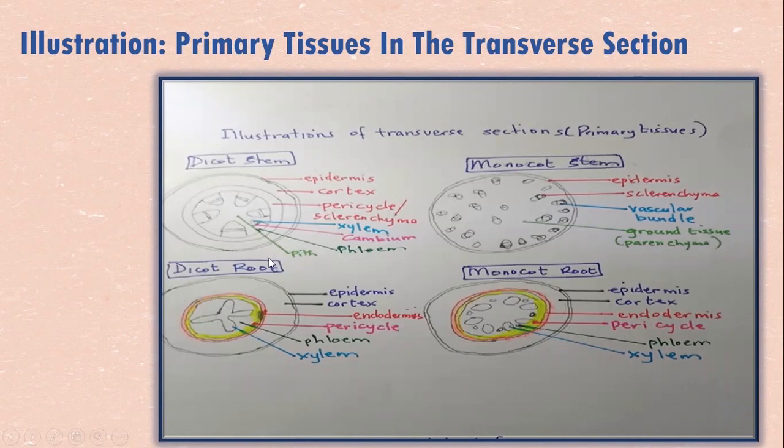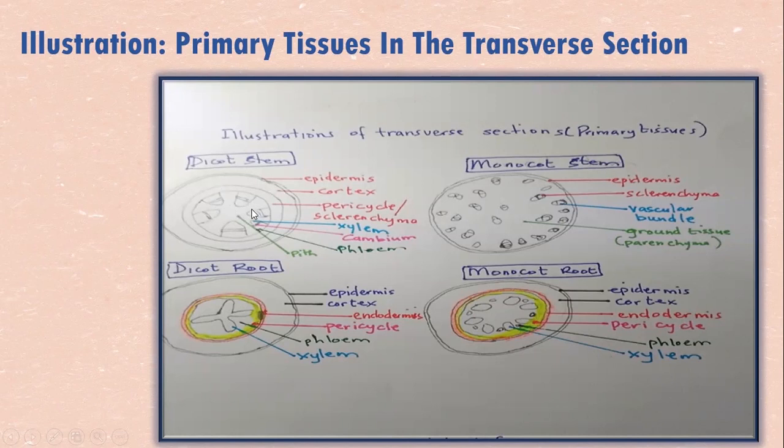Well, if you look at the dicot stem, the epidermis, we have talked about it, is parenchyma. You have the cortex. When the plant is young, in the cortex here, you can have collenchyma and parenchyma. Then you have this zone that we term pericycle, is sclerenchyma. And then here, in between these vascular bundles, you can have parenchyma called medullary ray.